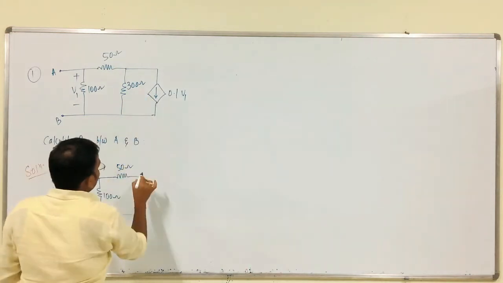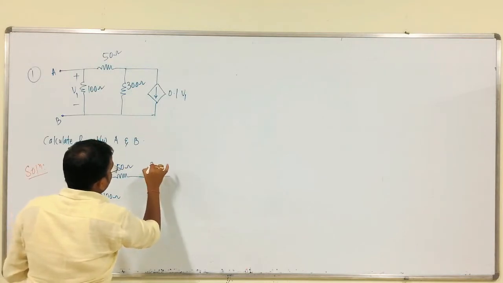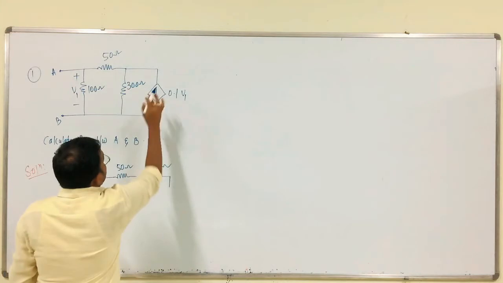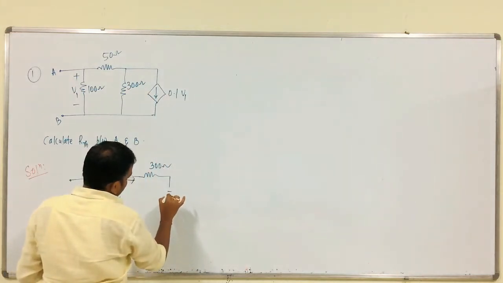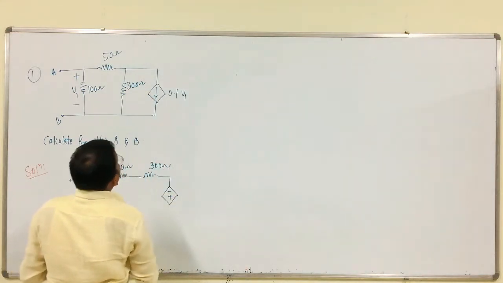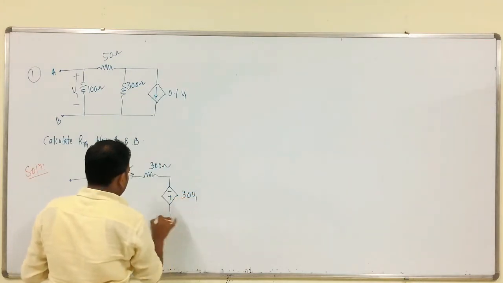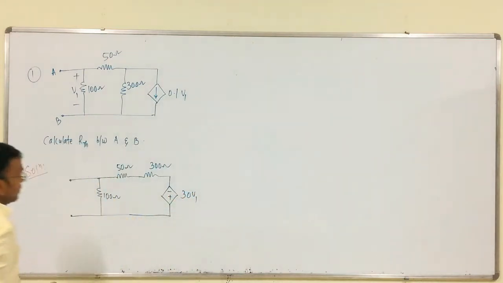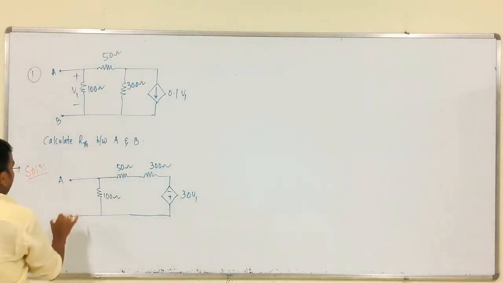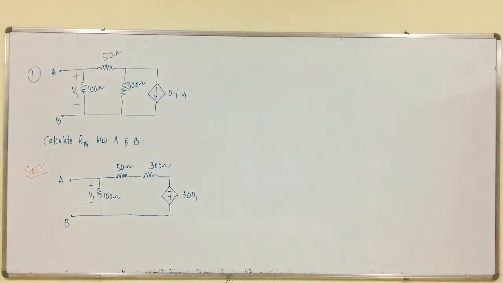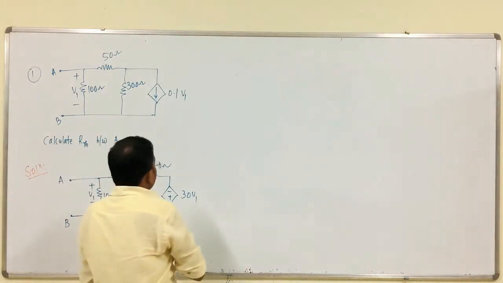So, between these two we have 300 in series with, see, the arrow, that is like this. 300 into 0.1, that is 30 into V1, that is it, right. So, this is A, this is B, plus minus, this is V1. This is the modified circuit from the given circuit.